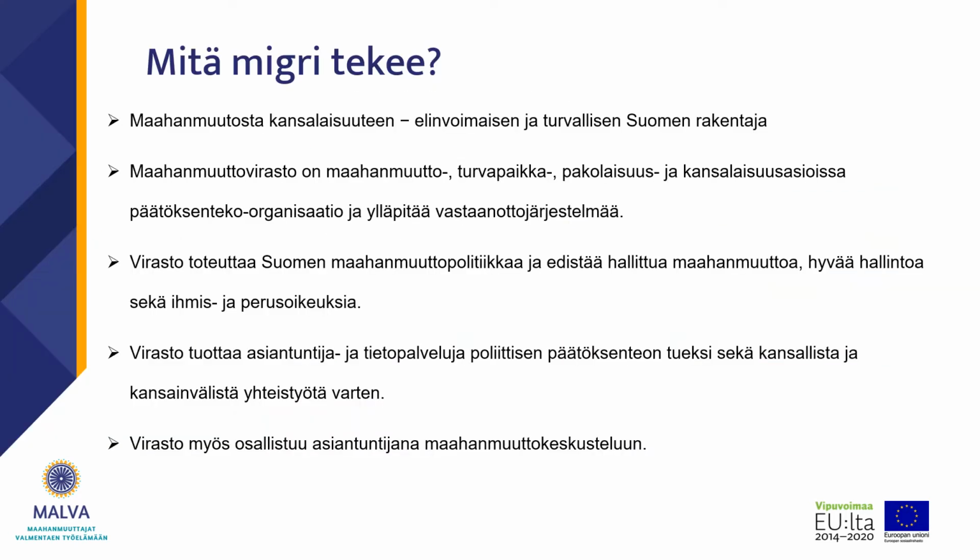Moving forward in the presentation, this slide shows what the actual duties and tasks, MIGRI's responsibilities, are, and how they tackle different types of things and processes. So this slide shows that the immigration service is mainly responsible for citizenship and the building of a vibrant and secure Finland.